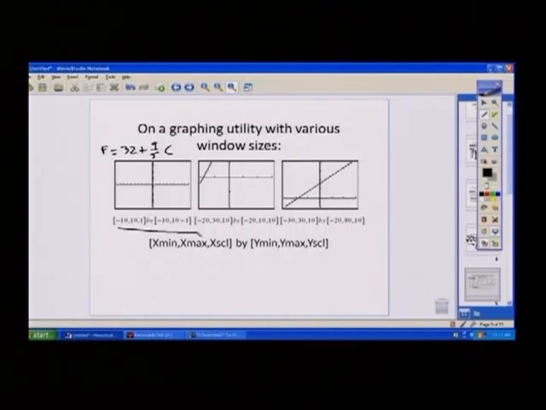So by graphing conventions, we have x-min, x-max, and x-scale. So this here tells me that in my x-axis, it went from negative 10 to 10 by intervals of 1. This went negative 10 to 10 by intervals of 1, but we don't even see the graph.